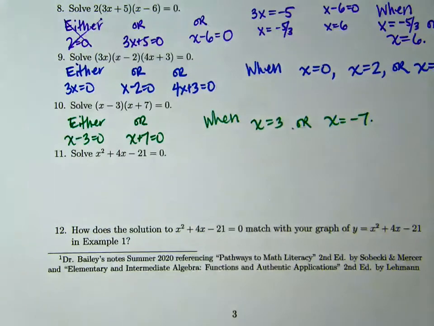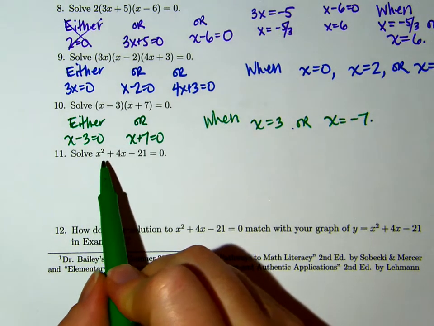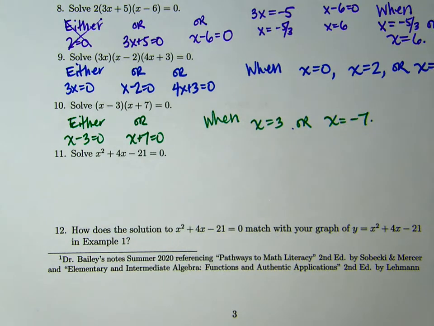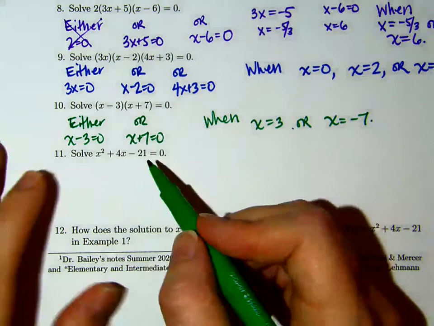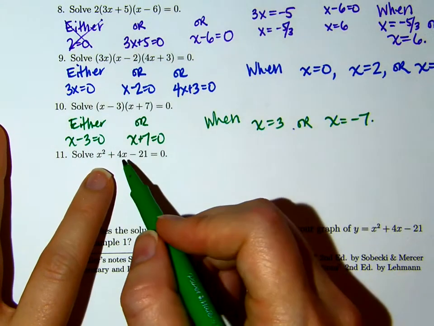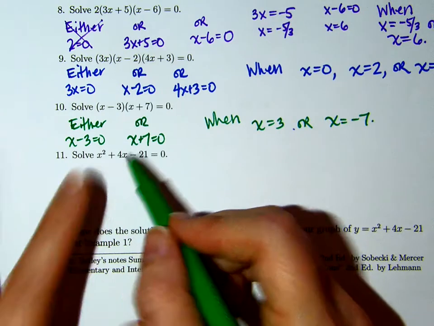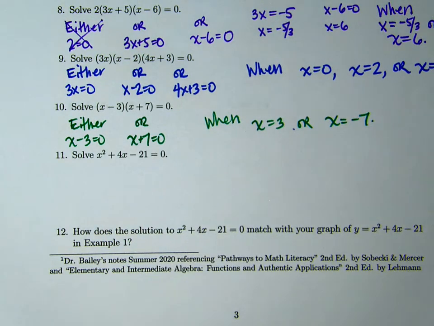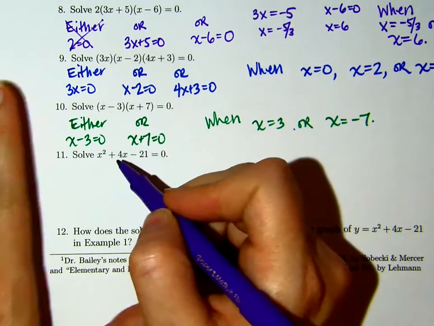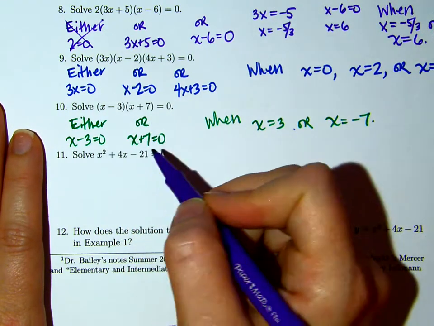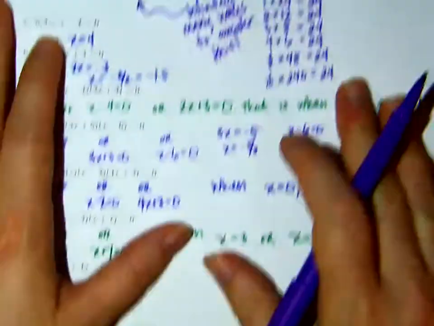Let's do it again. Oh boy. Solve x squared plus x minus 21 equals 0. When I look at this, I think to myself, I could start guessing and checking, but I'm a little bit at a loss because if there were two things multiplied, I would say that at least one factor must be 0.